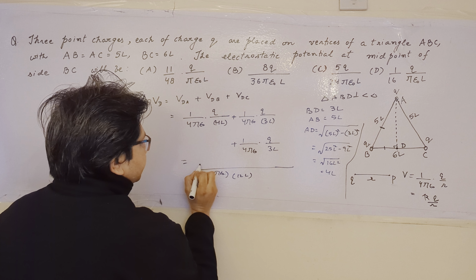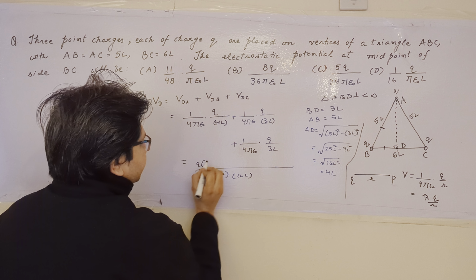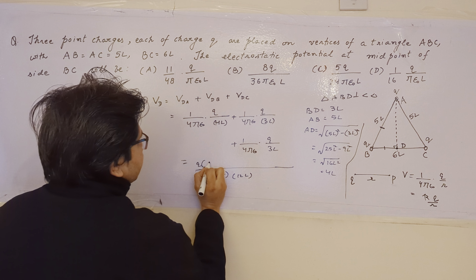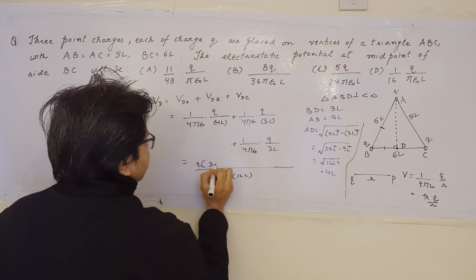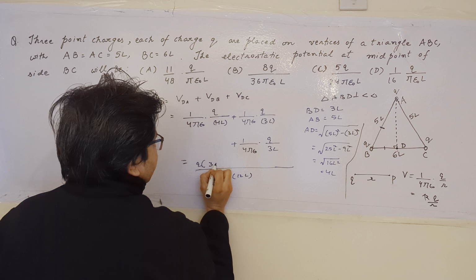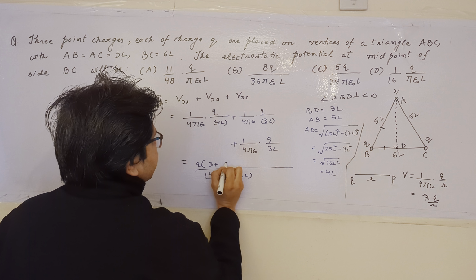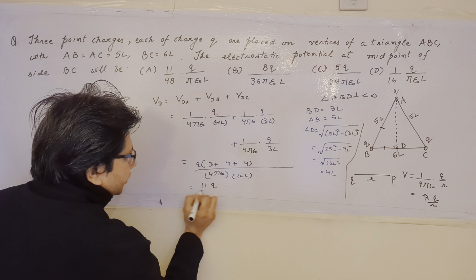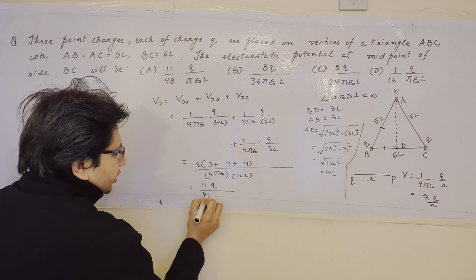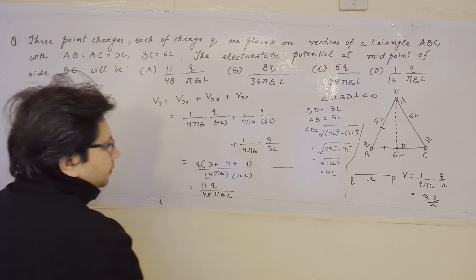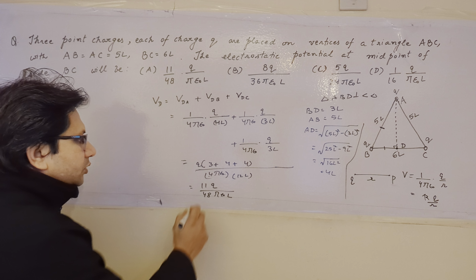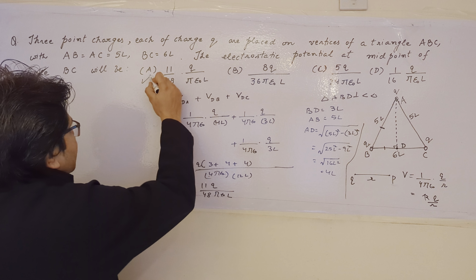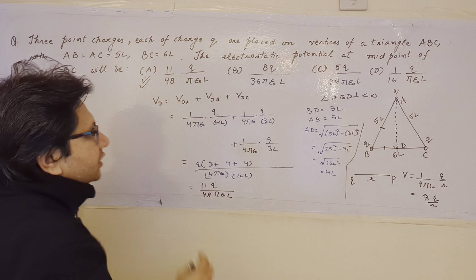So this is q times 3 plus 4 plus 4, and this value comes out to be 11q upon 4 into 12, that is 48 pi epsilon naught L. So 11q upon 48 pi epsilon naught L is the final result, and option A is correct here.